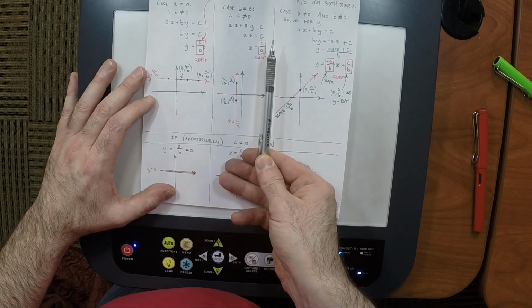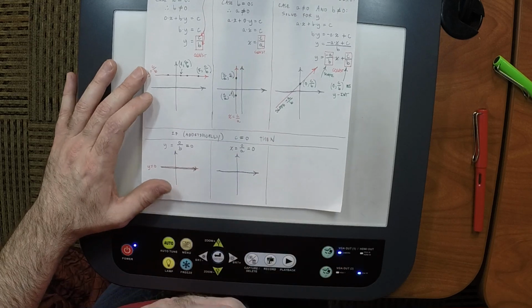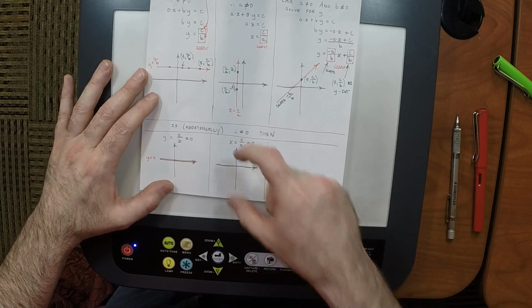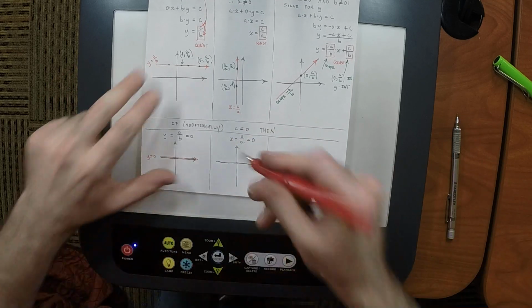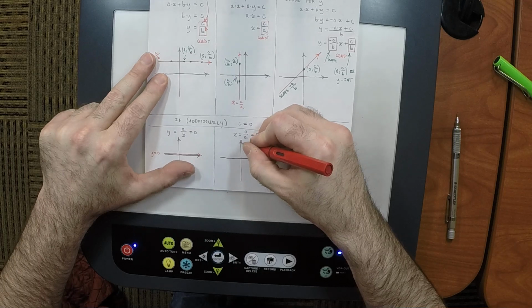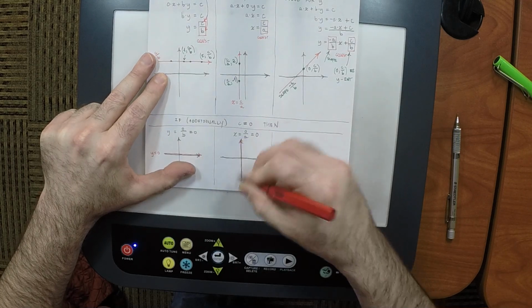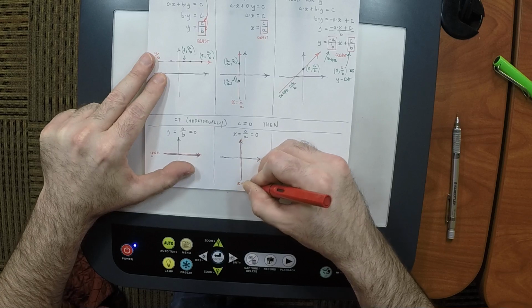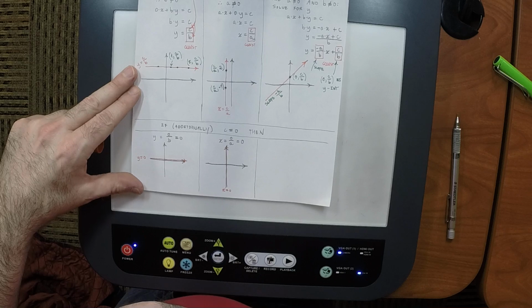If x is a positive constant, it's on the right side. So if x is exactly 0, then where is it? Right on top of the y-axis, right? Okay.